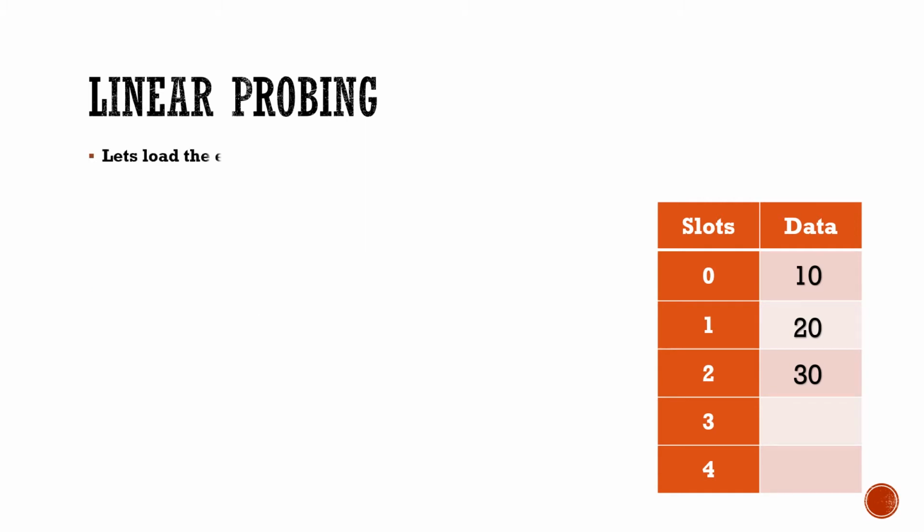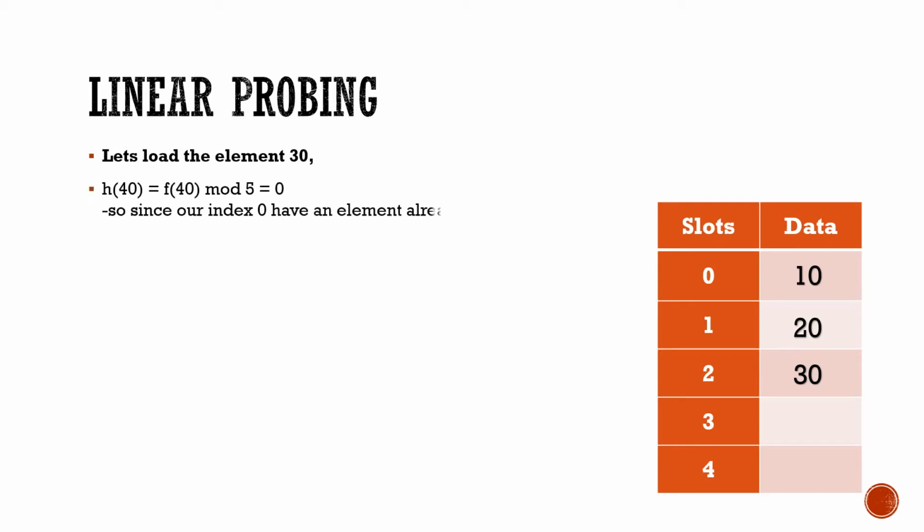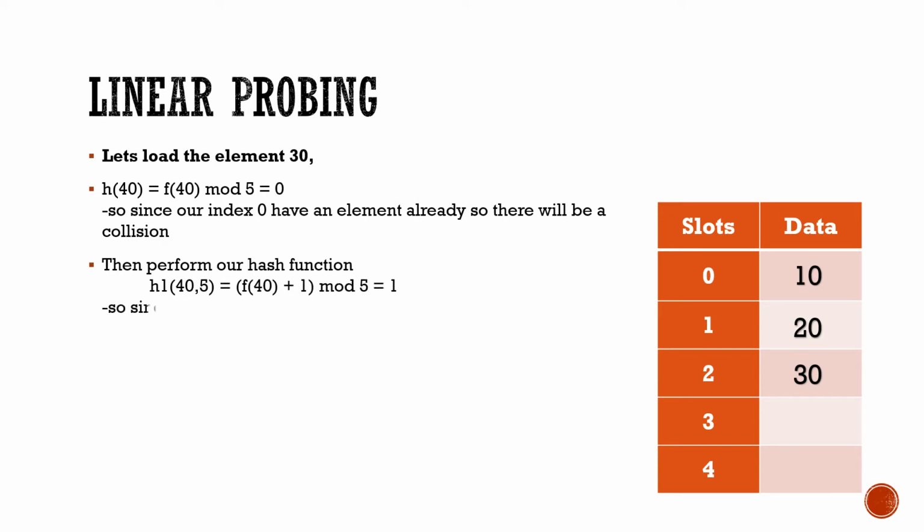Let's load the element 40. h(40) equals f(40) modulo 5 equals 0. Since index 0 has an element already, there will be a collision. h1 equals (f(40) + 1) modulo 5 equals 1.